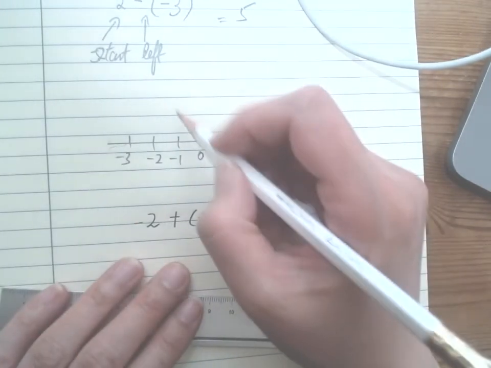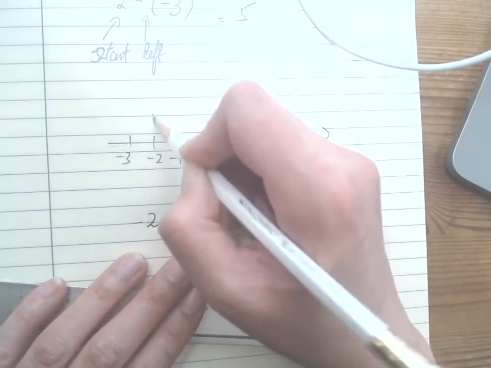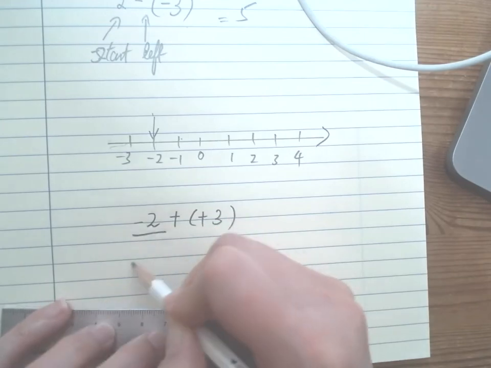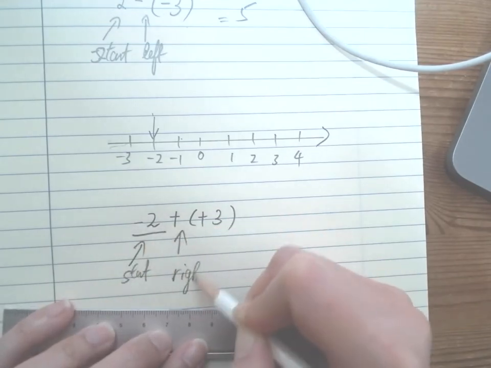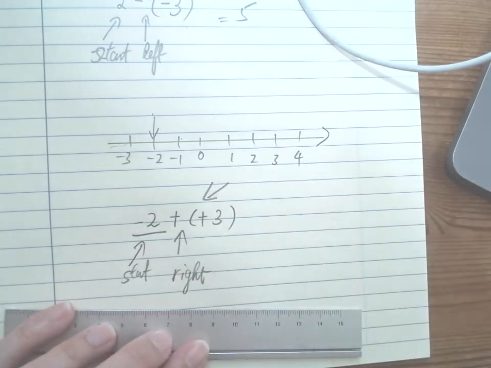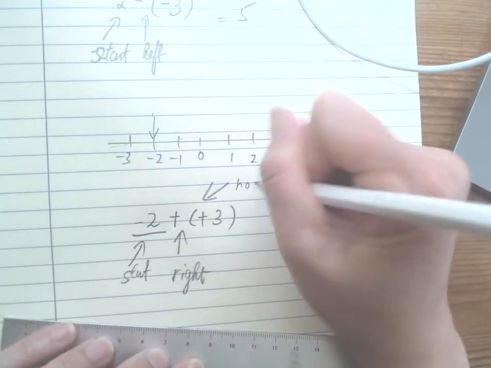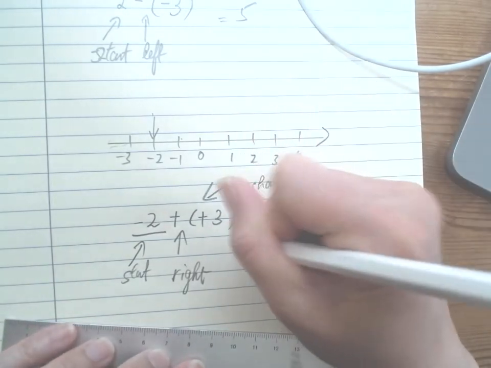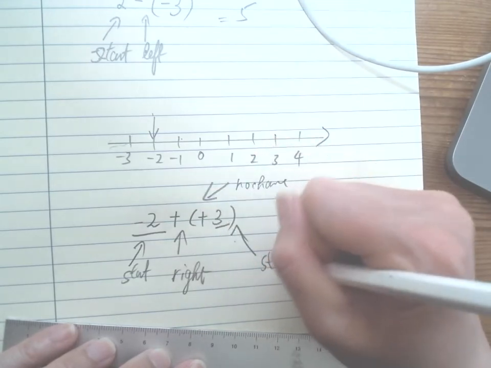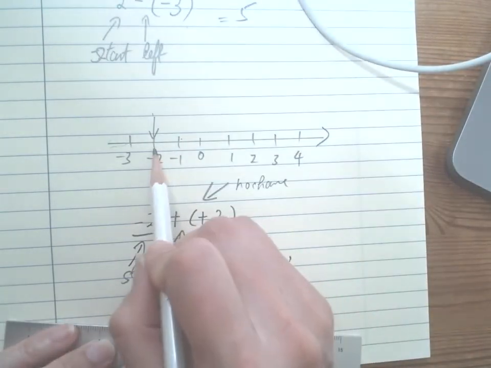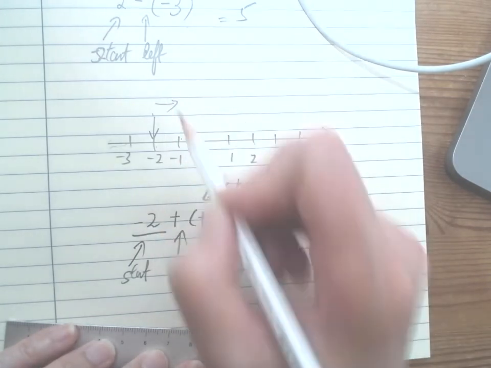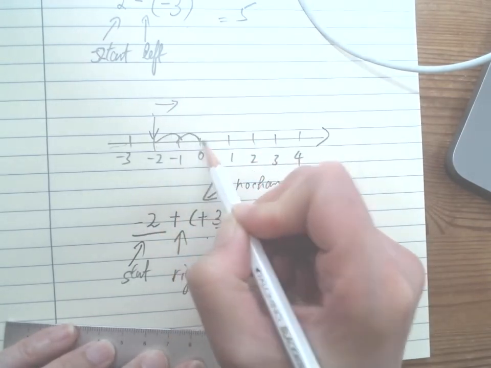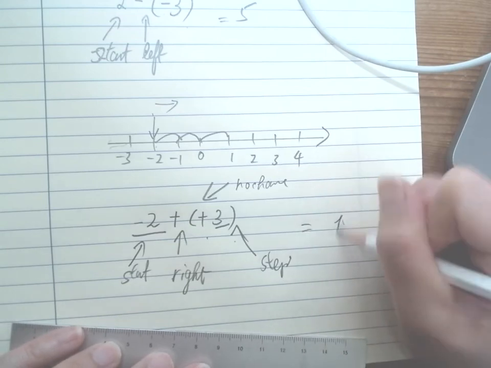Plus, start at negative 2. Direction, right. Positive means no change. And 3 steps. So we start at negative 2, going that way. Positive, no change. So we count 3: 1, 2, 3. Then we get 1 as the answer.